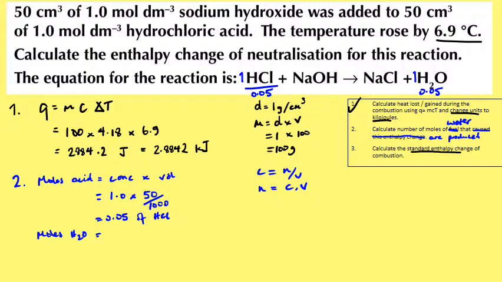So moles of H2O is going to be 0.05 there. And that leaves us free to start step number 3. Let's do step number 3 here in green. First of all, let's just adjust our step so we're working out the standard enthalpy change of neutralization.